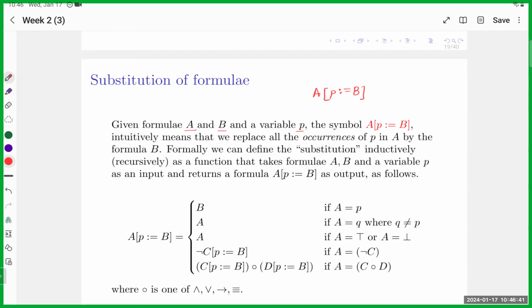How is this formula constructed from A and B?